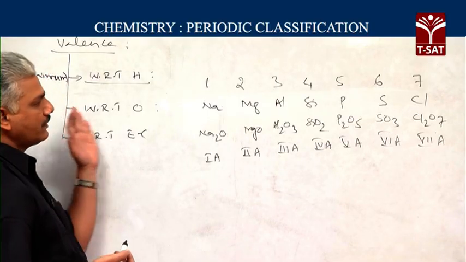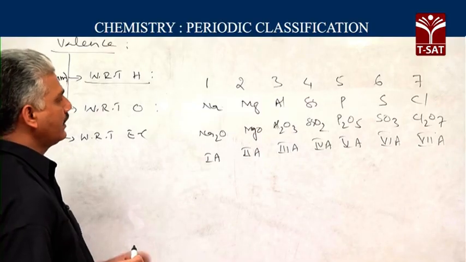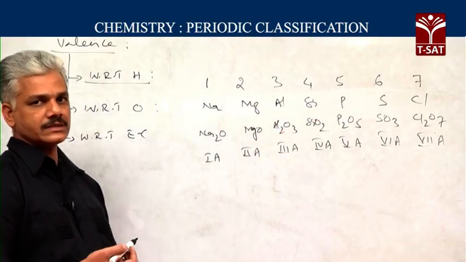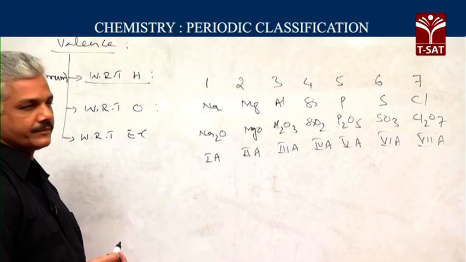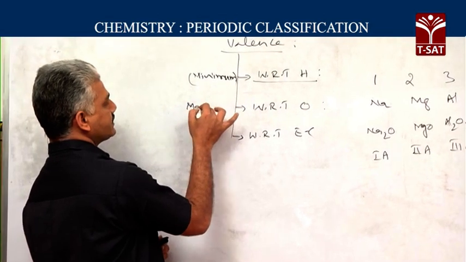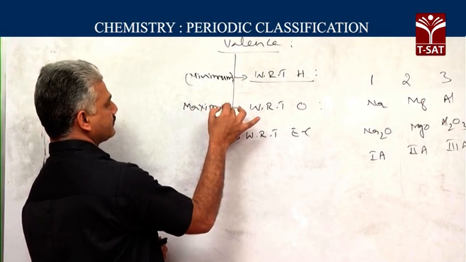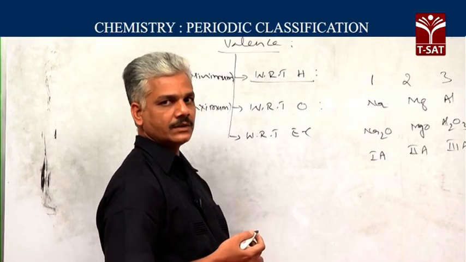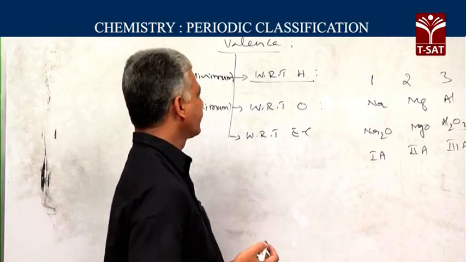As we move from left to right in the periodic table, the valency with respect to oxygen continuously increases from 1 to 7 and it is treated as maximum valency possible for an element and it is equal to group number.